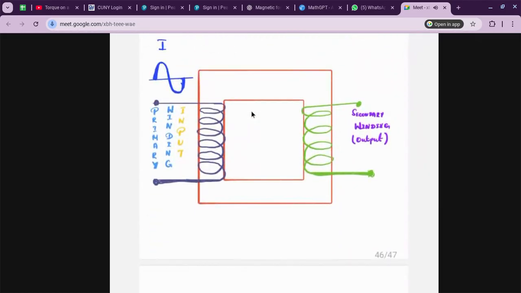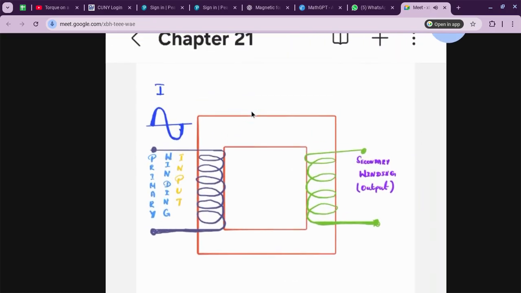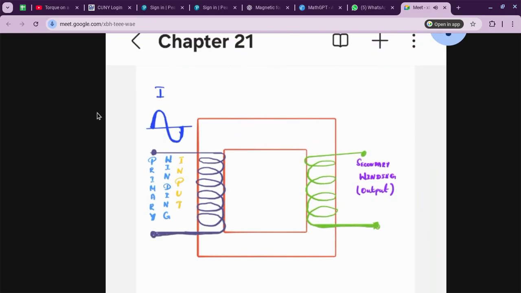So, in the primary coil, the current is continuously changing, and if the current is continuously changing, the magnetic field is changing as well.